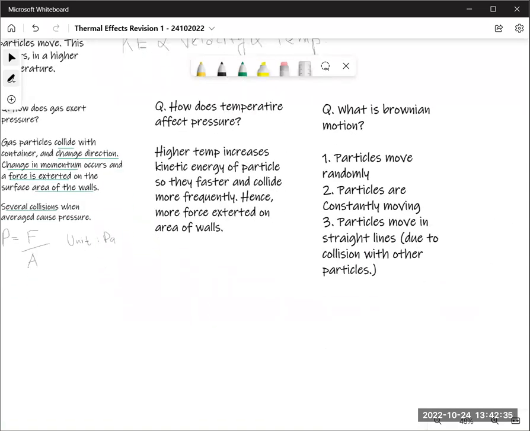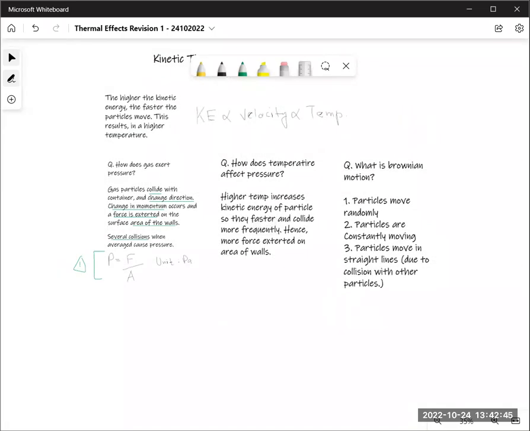But these three points are something you must be clear about. All right? Particles move randomly, particles are constantly moving, and particles move in straight lines. Any questions? No, sir. All right. Yep, that's it.